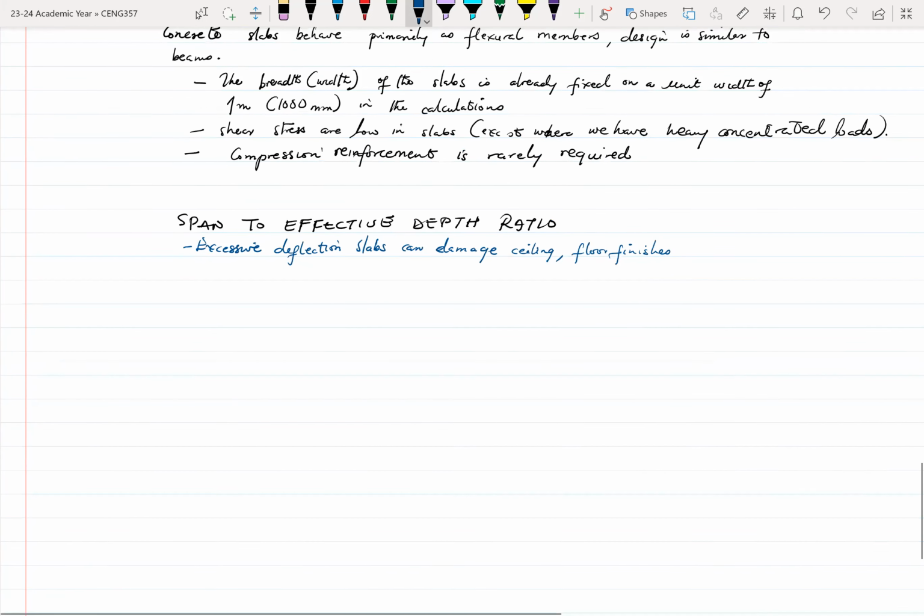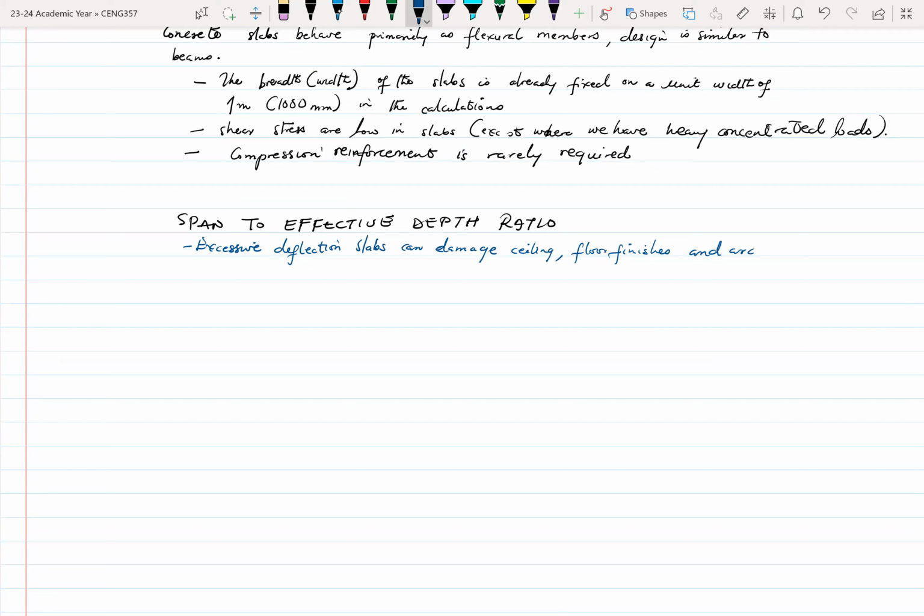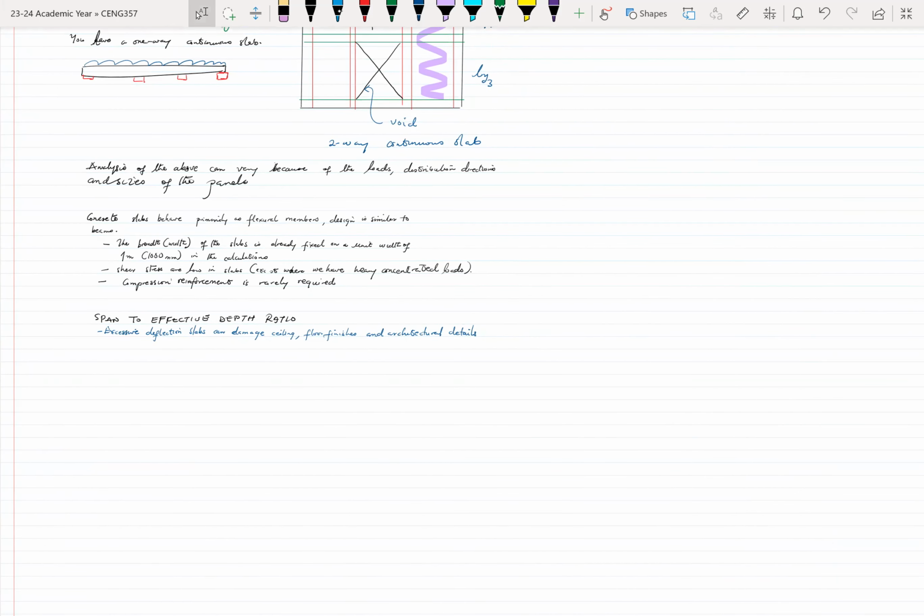And then in some cases, some architectural detailing. So let's say you have some designs on the slab to indicate maybe there's some paneling going on, some nice design to create an aesthetic atmosphere. If your slab deflects, that means that whether it's your POP ceiling or your hanging ceiling, all of these can be affected.